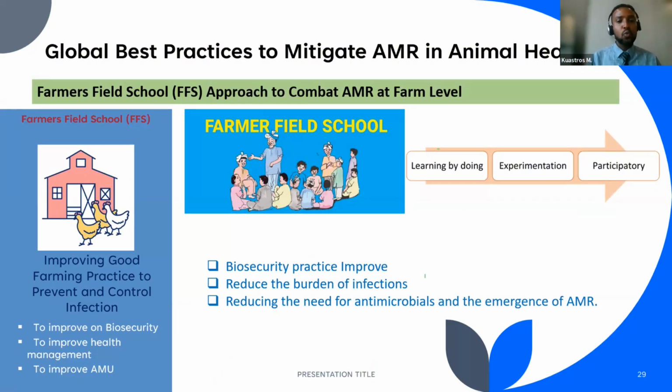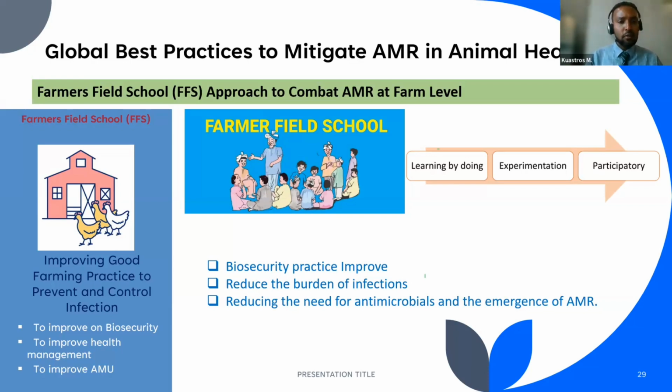The farmer field school approach is becoming an important instrument to change the behavior of farmers, producers, and veterinarians, to change their disease prevention and control approach, and also how to properly use antimicrobials only when they are needed for treating infection.